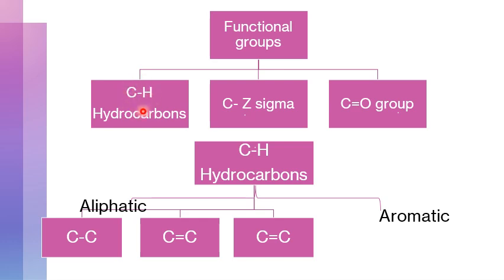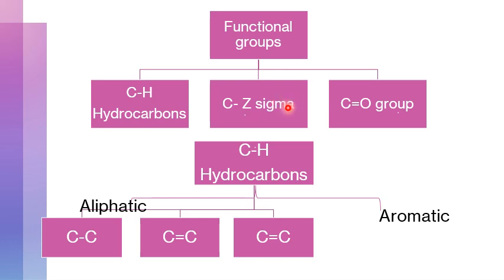If it's only carbon and hydrogen in the compound, we call it a hydrocarbon. Hydro means hydrogen, and carbon is C, right? Then the compounds formed between carbon and Z, where Z can be any other element. Only single bonds we are talking about here, so that is a sigma bond, right?